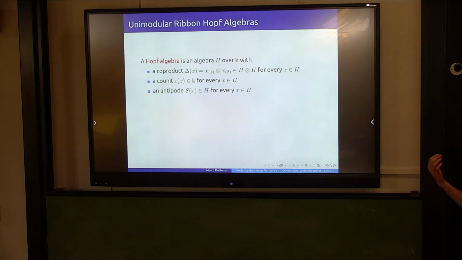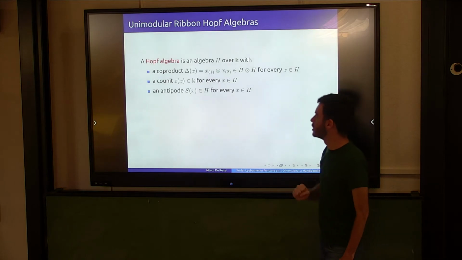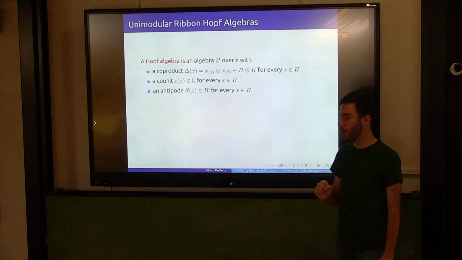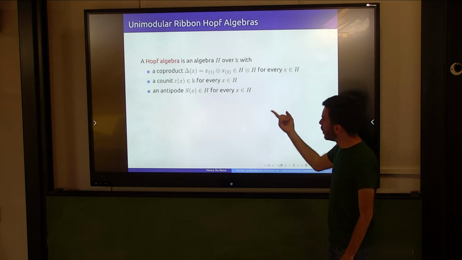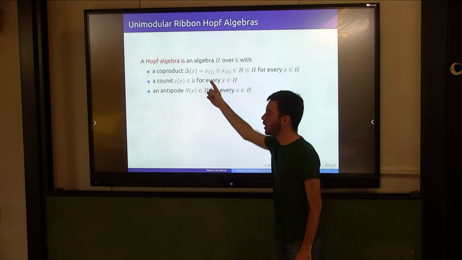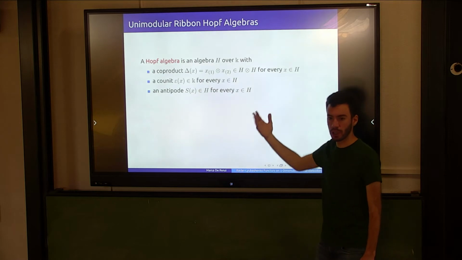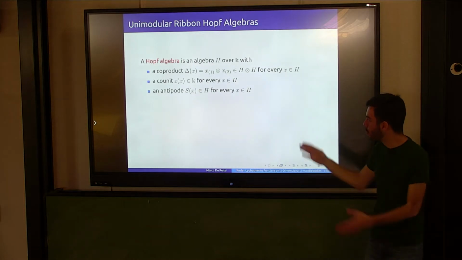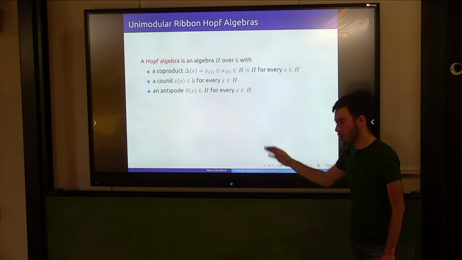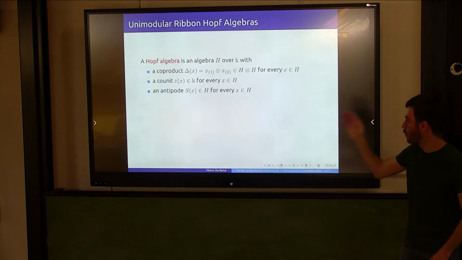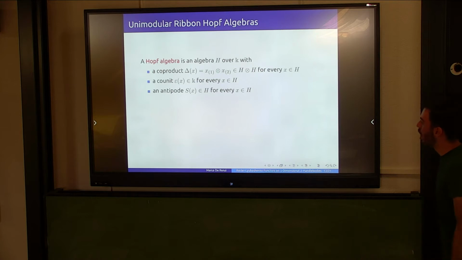So it has a co-product, which is a linear map from H to the tensor square of H. And I will use this notation, which is a very common abusive notation introduced by Sweedler, I think. So it's an abusive notation in the sense that we should have a sum here in general. So the co-product of an element is not always a pure tensor, but this is a notation that's very widespread. I will use it for the time.